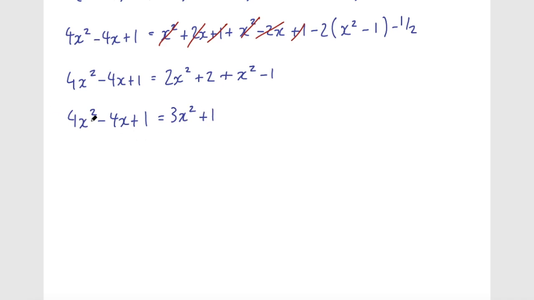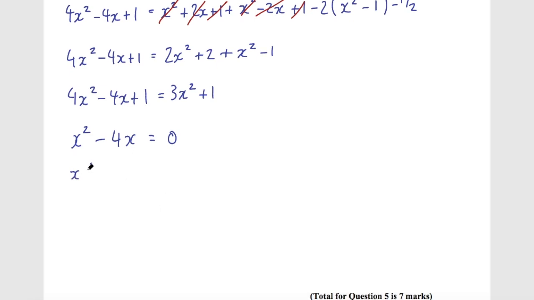Alright, almost there. And now we need to combine all of the like terms on the left hand side. So we can subtract that 3x squared from this side. So 4x squared minus 3x squared, that's going to be x squared. And then I've got a minus 4x, and then this plus 1 minus 1 from this side, that's going to be 0. So we're left with x squared minus 4x equals 0.